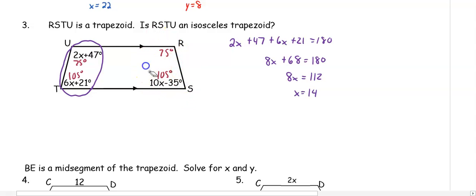So, is RSTU an isosceles trapezoid? Yes, because both sets of base angles are congruent.